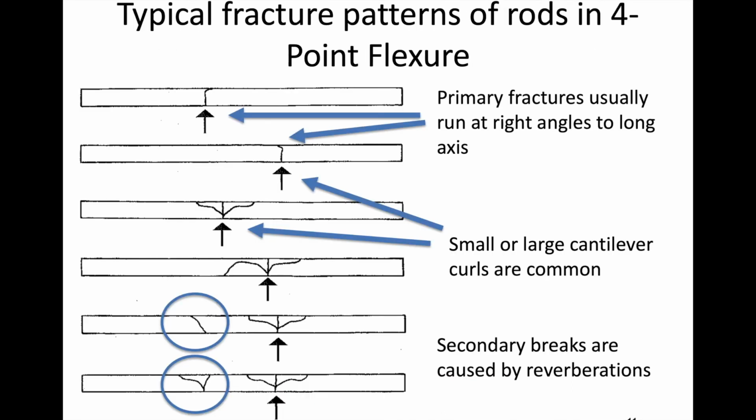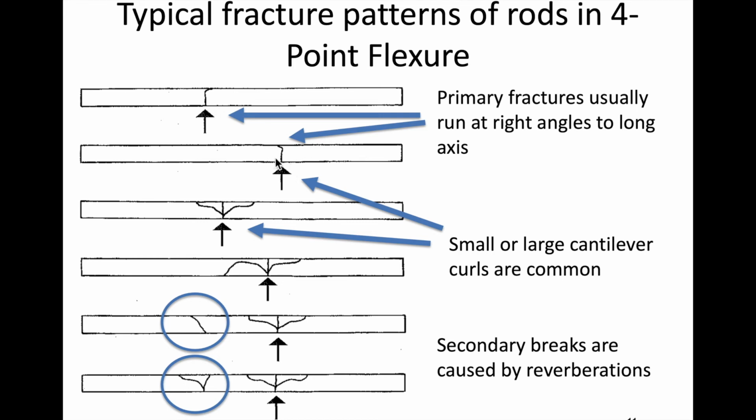All right, so let's look a little bit more at the fracture patterns. These are all what I would term typical or valid fractures that occur in 4-point flexure. So we have primary fractures, and you may notice the little curl at the end. This is the top portion, and the bottom arrow always indicates where it initiates, so the bottom.